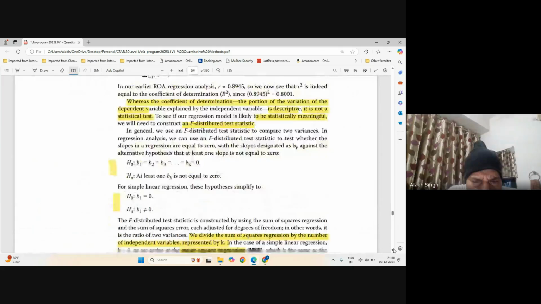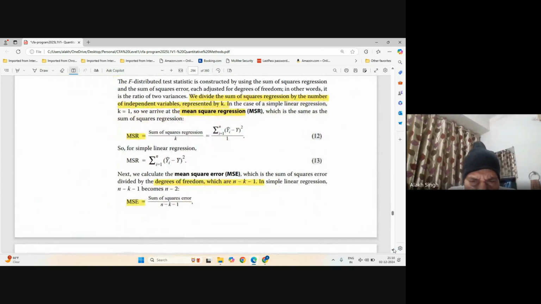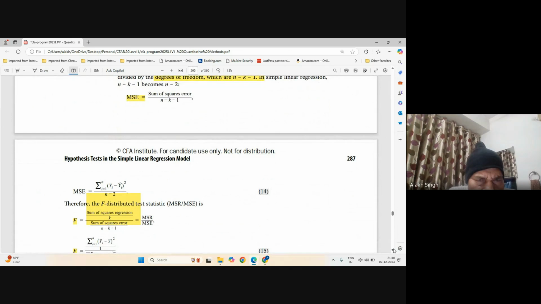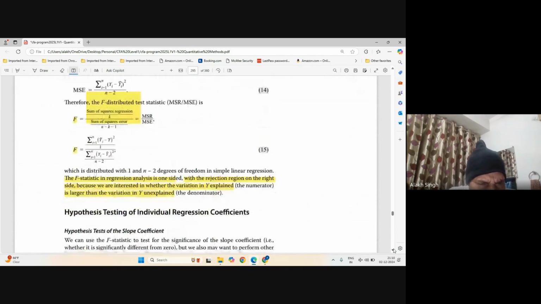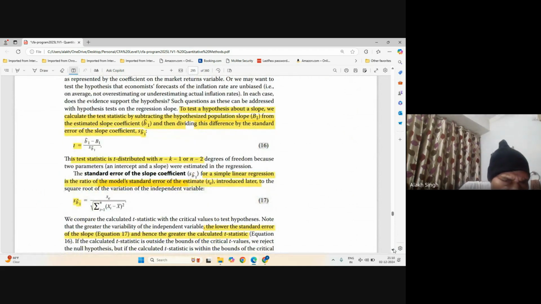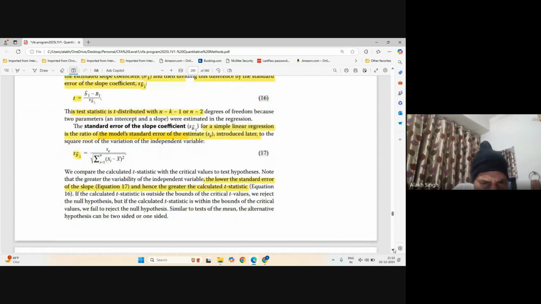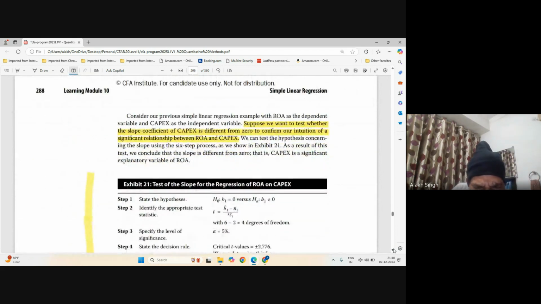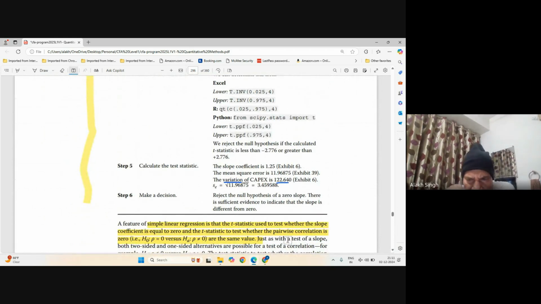Anyway, though this software will calculate for you, I wanted to see where this calculation is in the book. T for beta is SE by xi minus x bar, we figured out. Anyway, probably the book has changed somewhere. So let's believe that this one is correct.